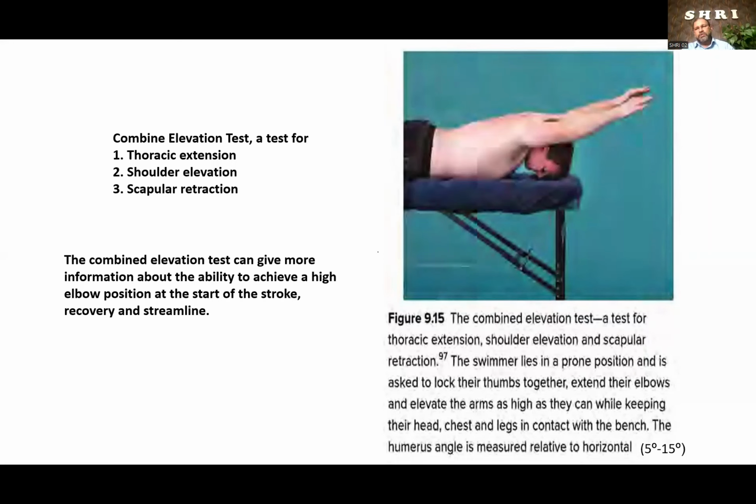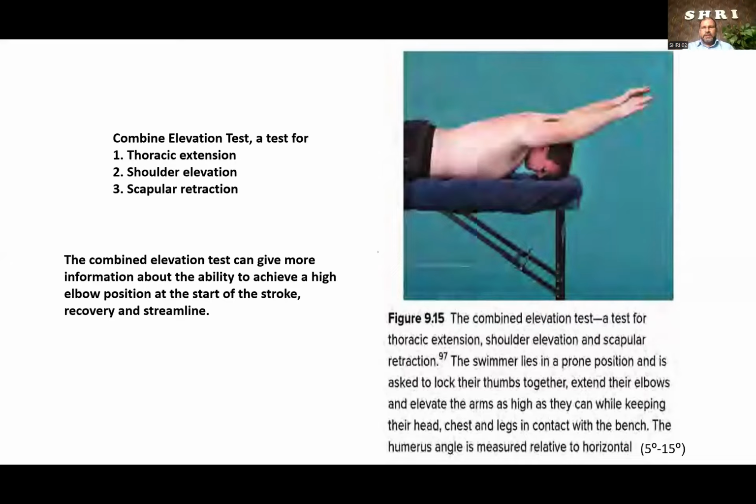The swimmer lies in a prone position on the bed, with his chest, hip and legs or foot all touching the bed, and he has to elevate the upper limb above the shoulder.